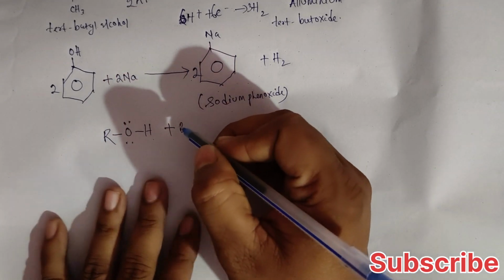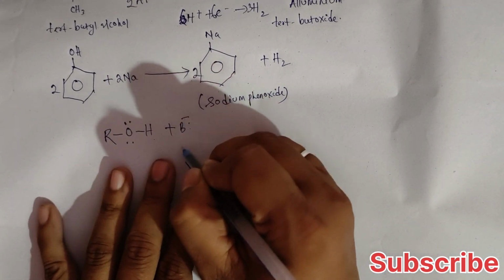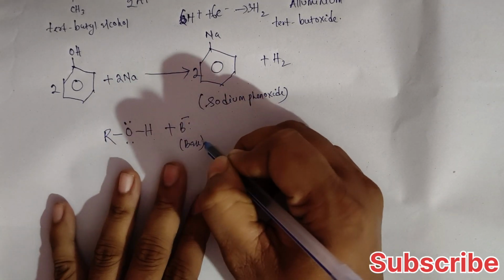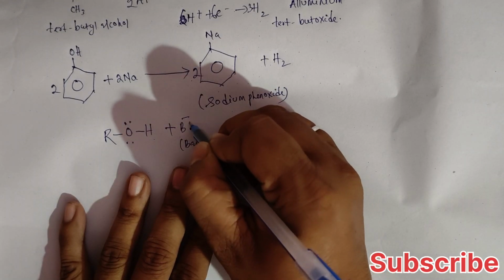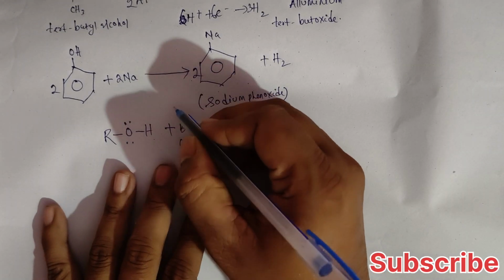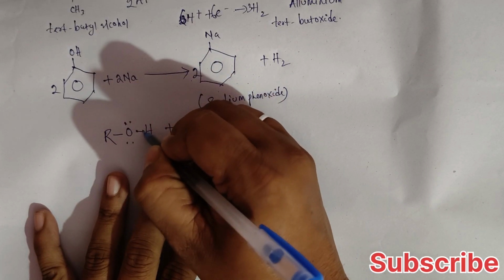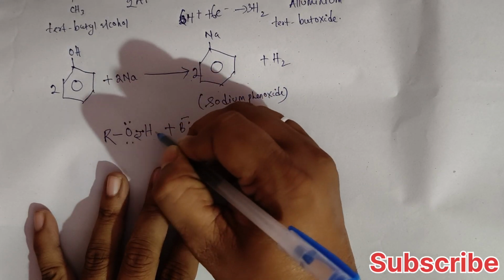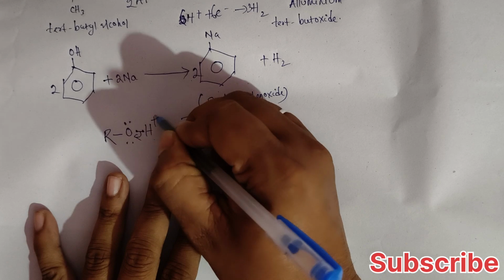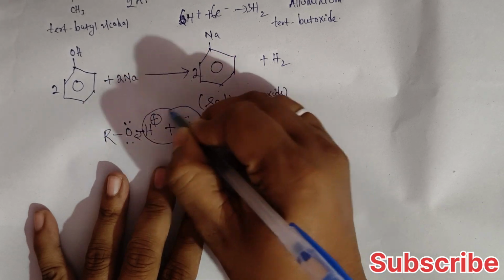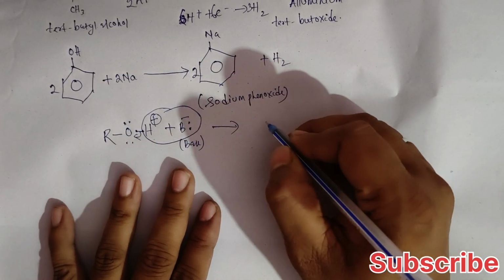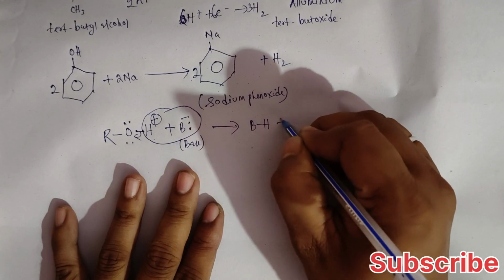If I take here B, B minus means a base, like Br minus or OH minus. Here it will give electrons and H+ will be released, so BH will be released, and the product will be BH.